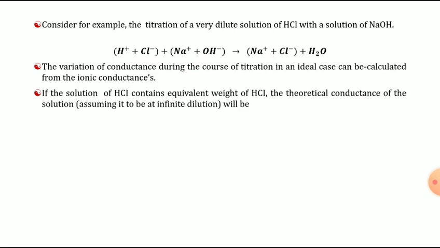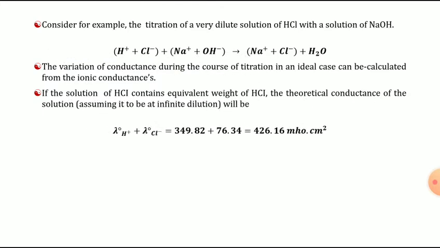If the solution of HCl contains one equivalent weight of HCl, the theoretical conductance of the solution, assuming infinite dilution, is the sum of the specific conductances of each ion: H+ having a particular conductance, and Cl- having another, different conductance. That we will see now.